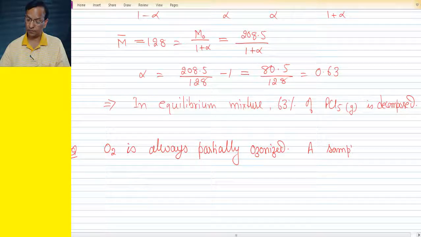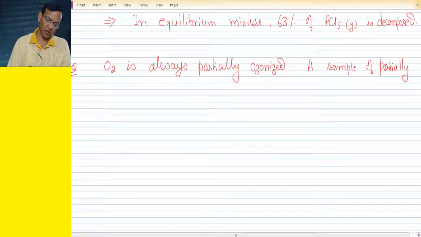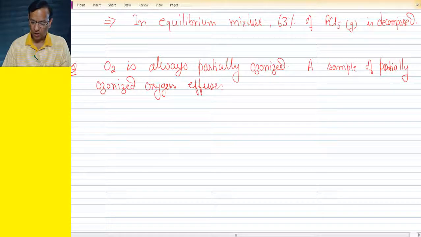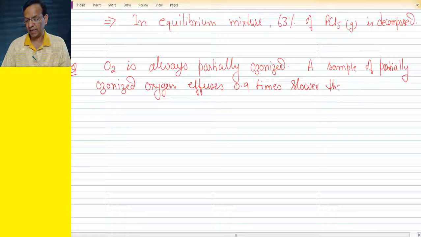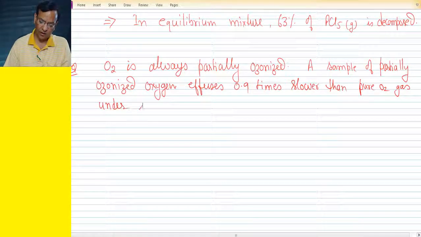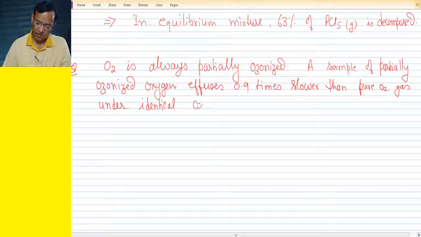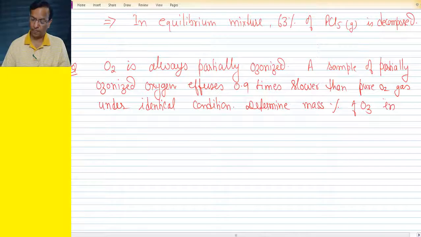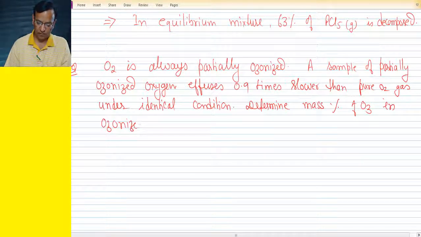A sample of partially ozonized oxygen effuses 0.9 times slower than pure oxygen gas under identical conditions. Determine the mass percentage of ozone in the ozonized oxygen.